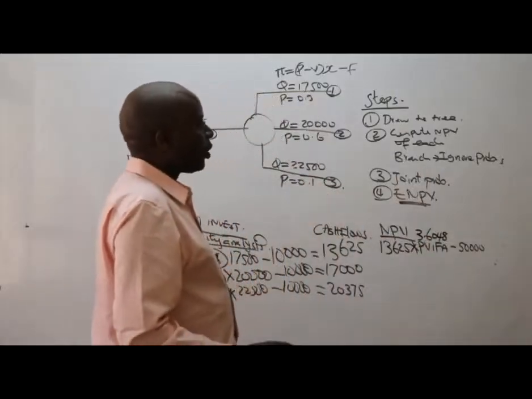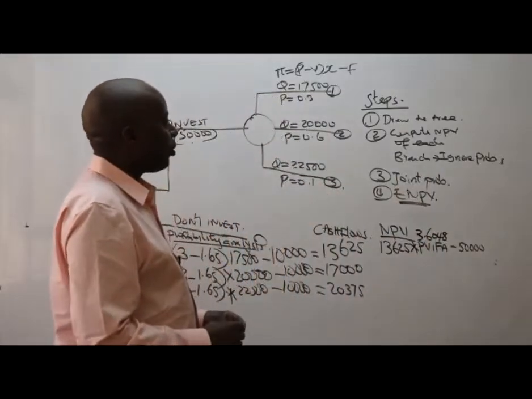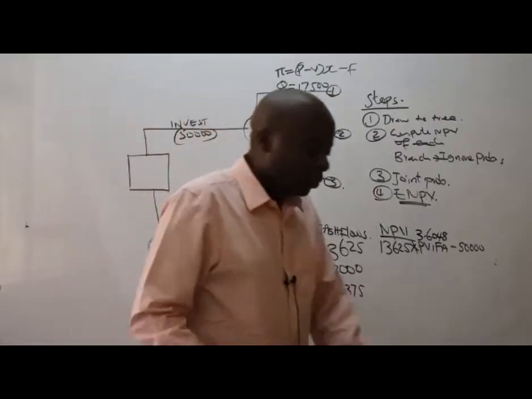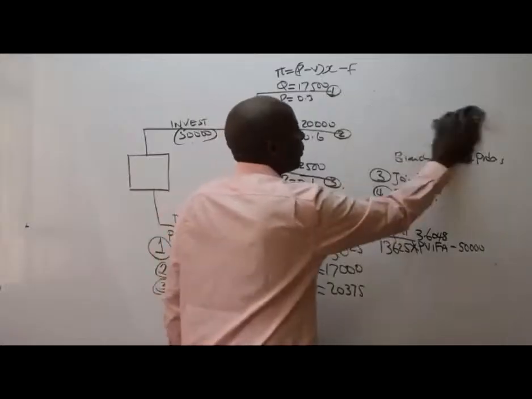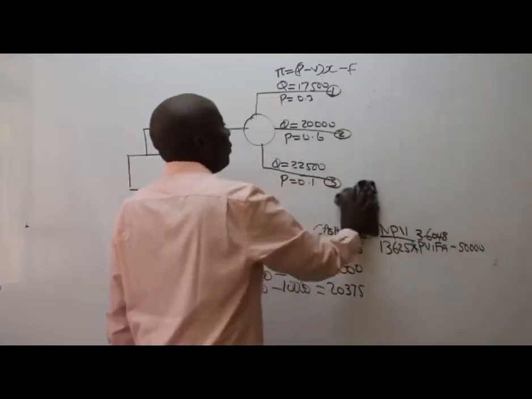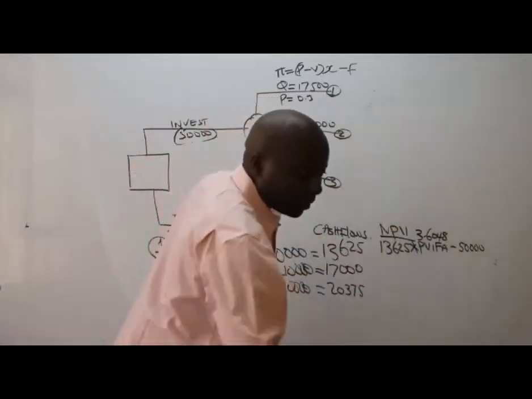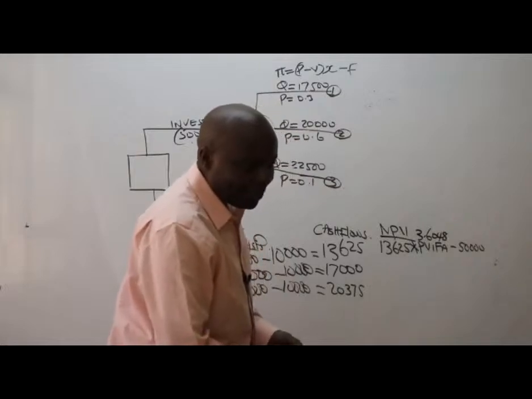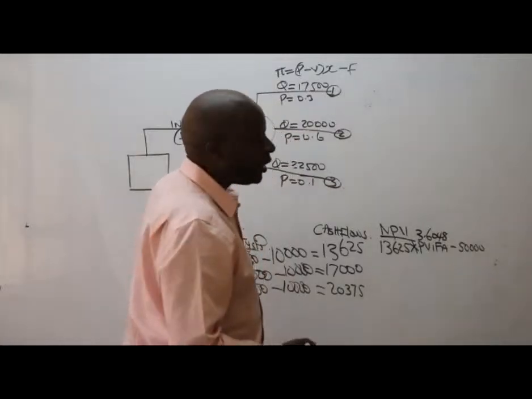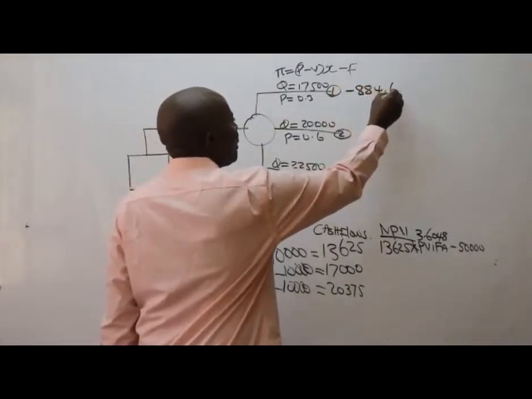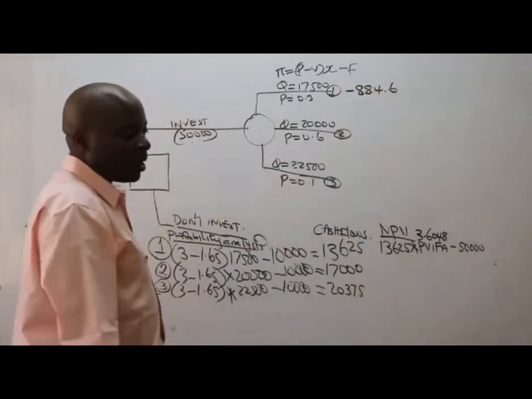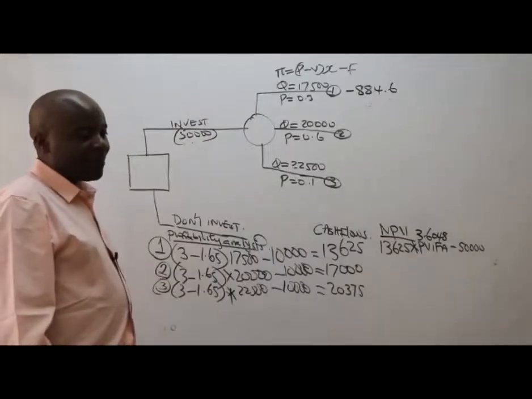So could you kindly give me the NPV of the first branch? Branch number 1, I'm being given a figure of minus 884.6. That's branch number 1.